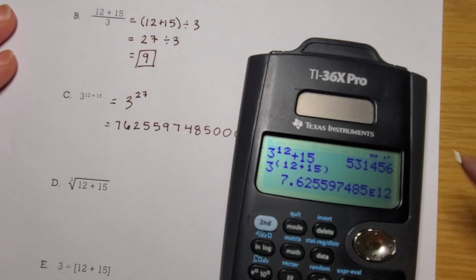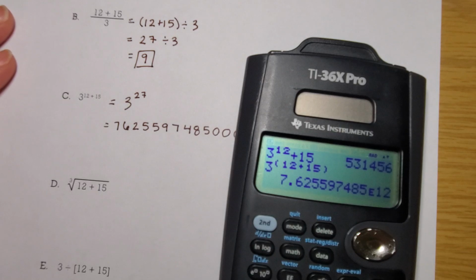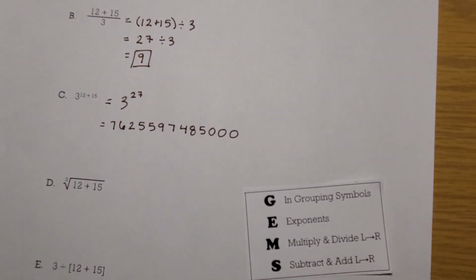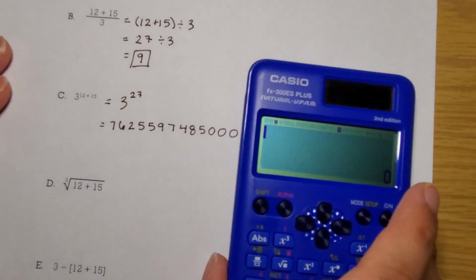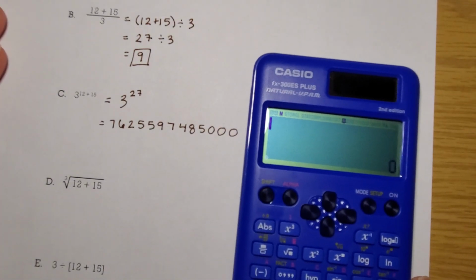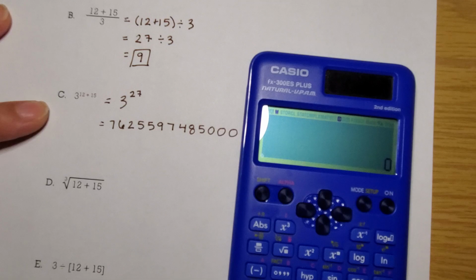So some calculators don't express exponents this way. Let me see if I have one that's going to mess it up for us. Pardon me while I reach off screen for another calculator that will maybe break for us. Yes, this one's going to break. So if I just type this in, 3 exponent 12 plus 15.